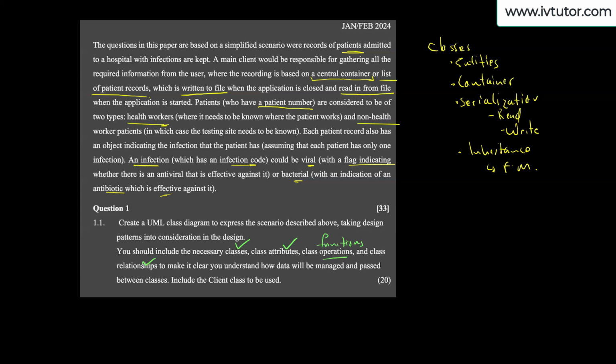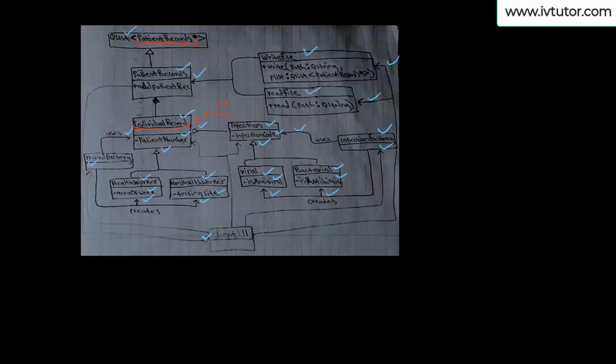I think that was all straight clear. So your class attributes now, these are your patient number. That's where we need to see infection within your class here, to show that you've got an infection. Otherwise, you've got your patient number. I don't know the format they want you to use, but the right way of doing an attribute is to do the name of the attribute.